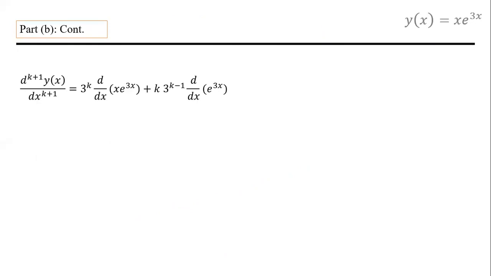We can use the result from the first part. If you look at this, our original function is this one.